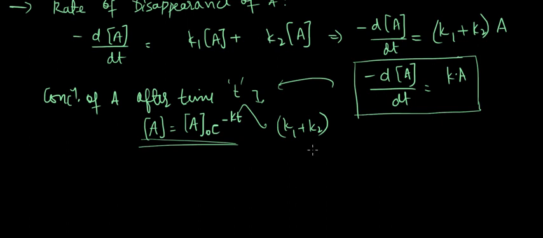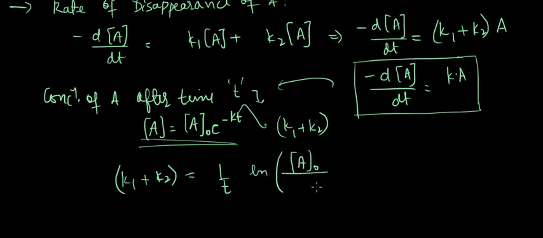Okay, and we can then write that K1 plus K2 would be equal to 1 upon t ln A naught divided by concentration of A at time t.